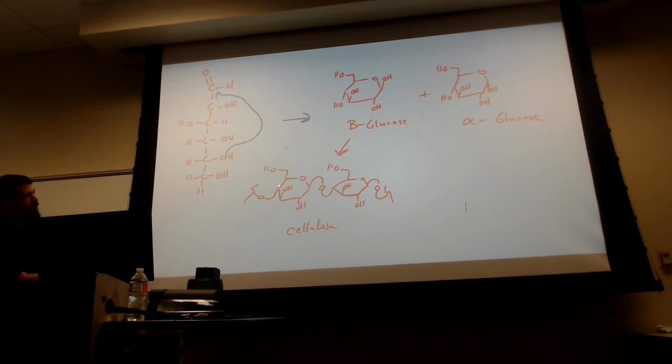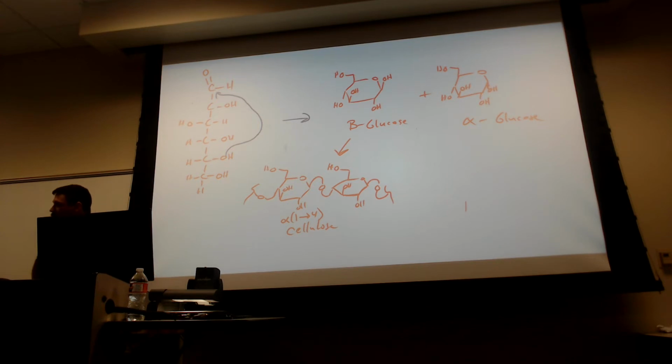If we draw the Haworth projection of cellulose, it's all 1,4-beta linkages. Now what's the difference between chitosan and cellulose? This position right here. Oh, that was a beta 1,4 link. I'm sorry, I was saying the wrong thing. Cellulose is beta, that's what I was drawing.